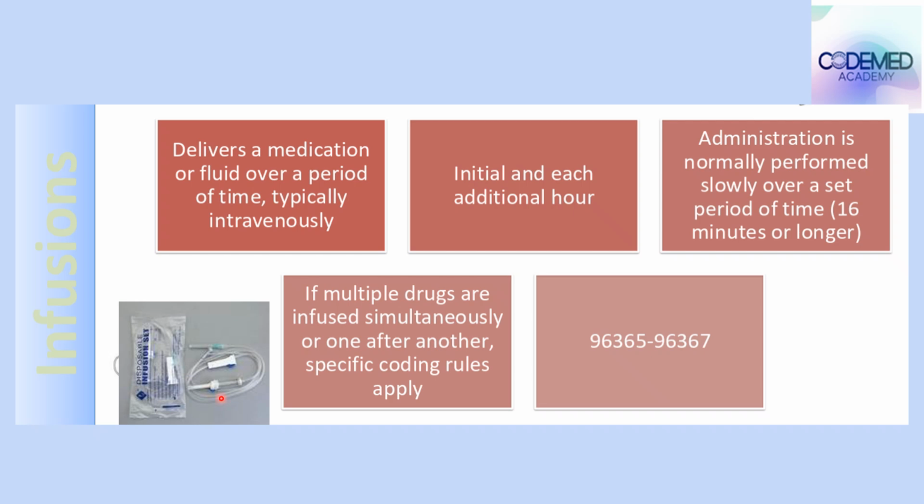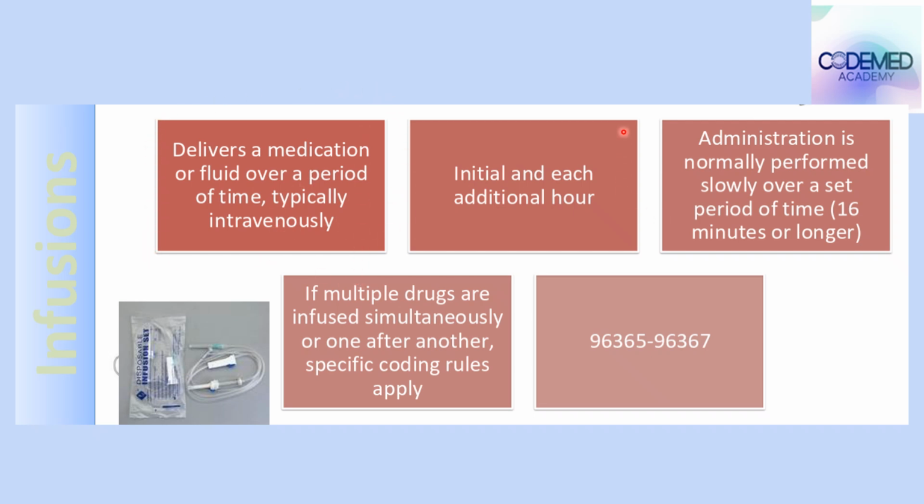Now let us understand what is infusion. Infusion is basically the administration of a drug normally performed slowly over a set period of time, 16 minutes or longer. It delivers a medication or a fluid over a period of time, typically intravenously.